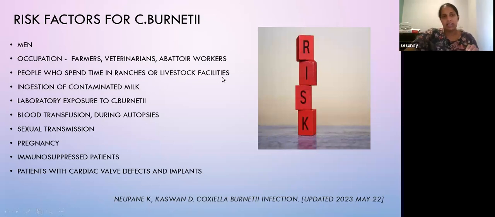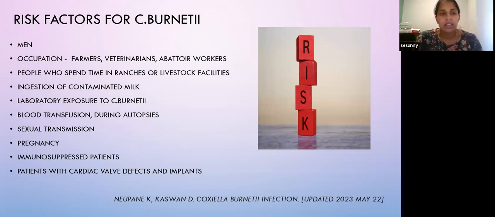And just to highlight here, it's not just people who actually stay within these ranches or livestock facilities. Untreated sewage or untreated products with animal washings, dung, discarded products of conception from farms that then spill over or wash down to inhabitants, maybe 2, 3, 4, 5, up to 10 kilometers away from these farms, can also be at risk of contracting Coxiella.